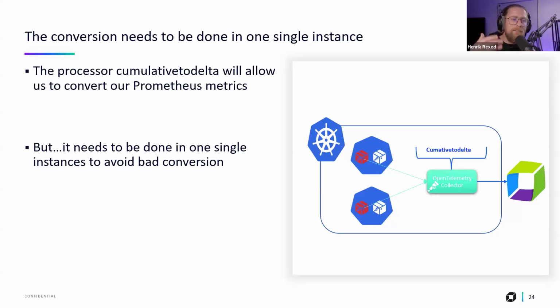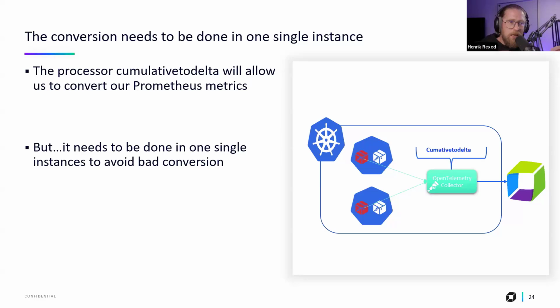If you have several instances of the collector, try to use only one. Because the way it converts, it stores the previous values to recalculate the delta. And if you have two instances of the collector, then you don't control that metric A only comes to collector 1. If metric A comes to collector 2, then the way it's going to be converted will be completely wrong.